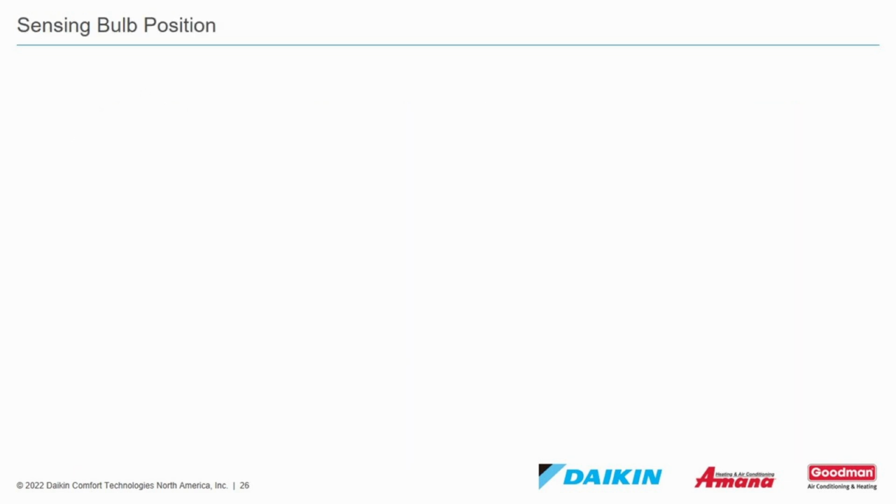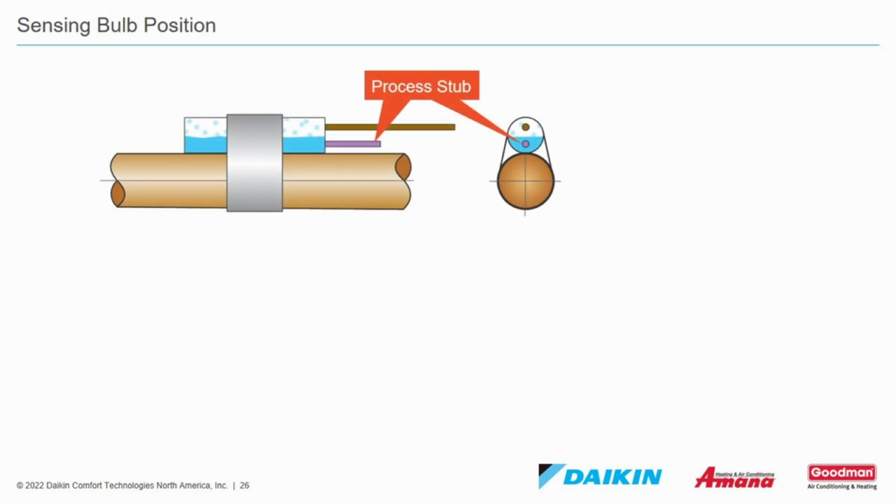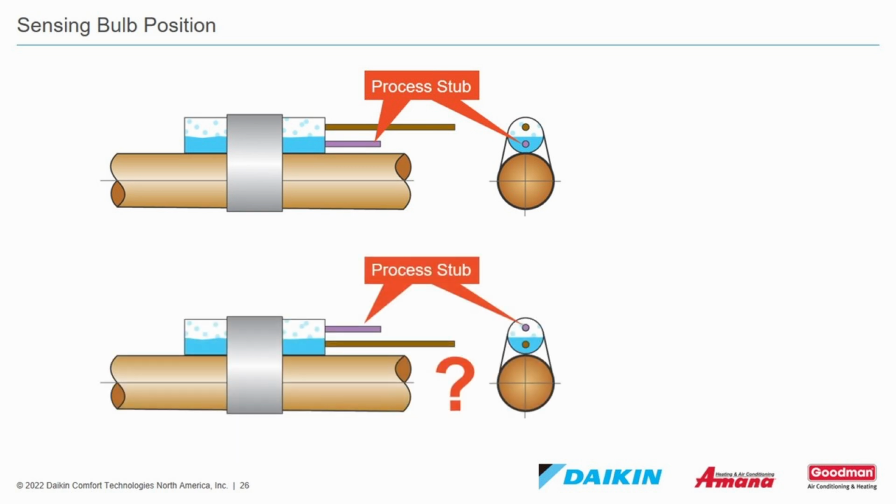Sensing bulb position. When mounting the sensing bulb on a suction line, make sure it's mounted on a horizontal section of suction line. Make sure that the process stub, the short piece of copper tubing sticking out of the bulb, which is how they charged the sensing bulb with refrigerant when the valve was manufactured, is mounted so the process tube is always below the long tube that goes to the valve.